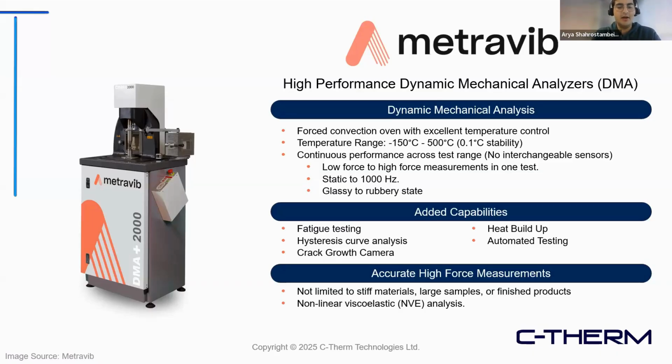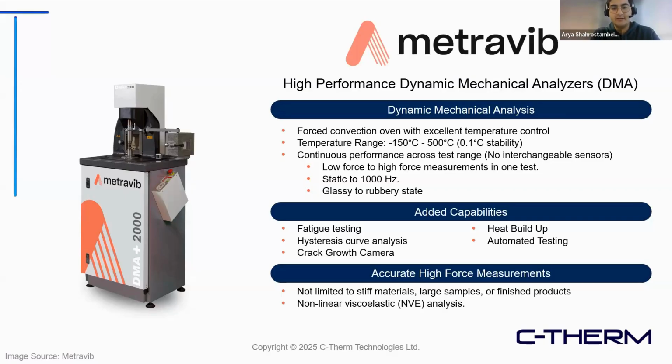For example, they are capable of running fatigue testing. They're not limited only to dynamic mechanical analysis, providing hysteresis curve for nonlinear analysis of the materials. If you're having a simulation or any research that is related to nonlinear analysis, Metravib DMA is the only instrument that can provide you with hysteresis curves.